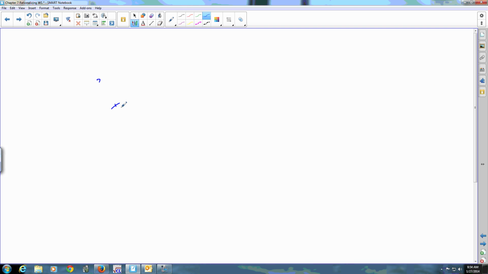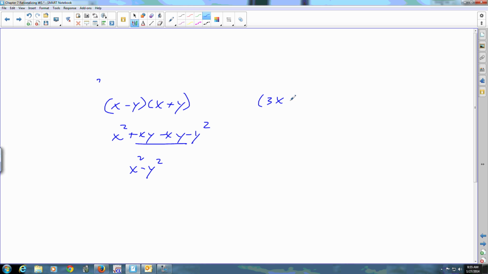If I have, let's keep it simple, x minus y, x plus y. If you multiply this, you get x squared plus xy minus xy minus y squared. So the middle is going to cancel out. Okay, if you had 3x minus 2 times 3x plus 2, multiply this, you get 9x squared plus 6x minus 6x minus 4.